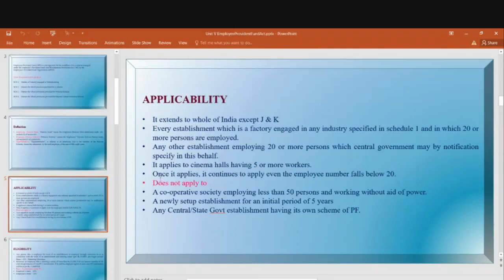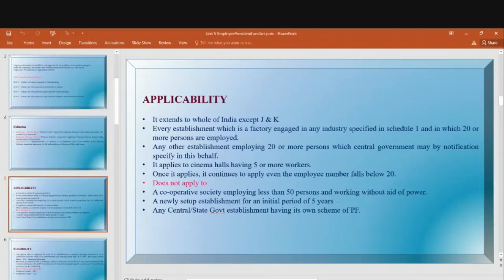Another one: once it applies, it continues to apply even if the number of employees falls below 20. Right? So after it is applied to the company or the cinema hall or any other establishment, it continues to apply even if the employee number falls below 20.